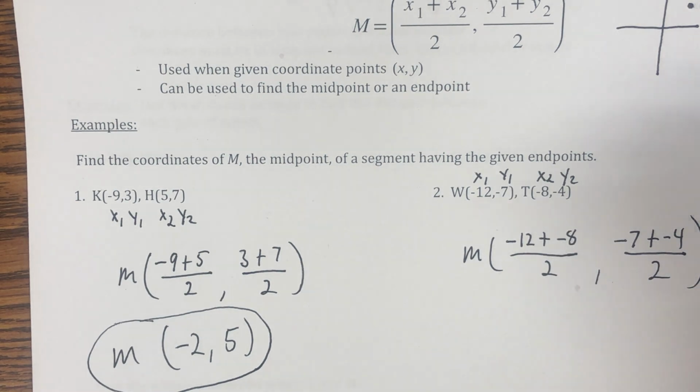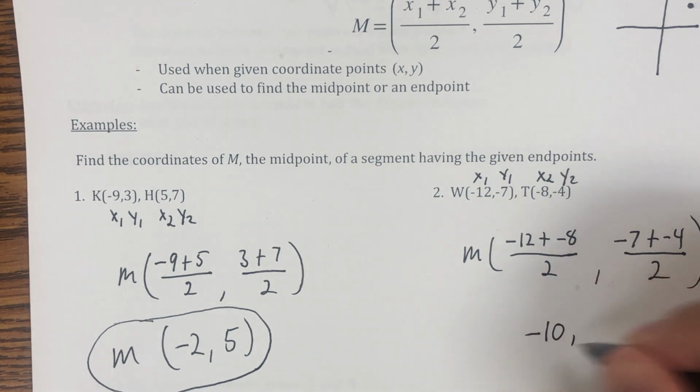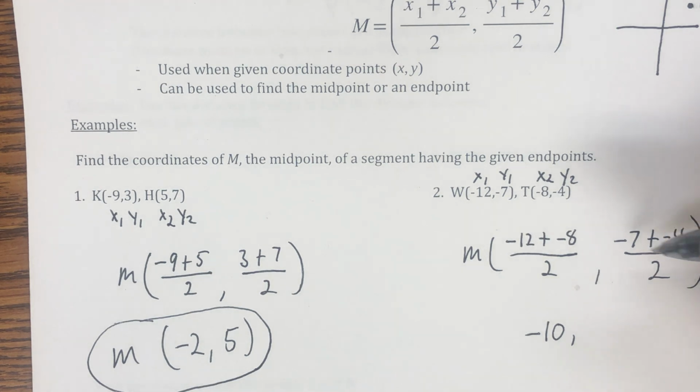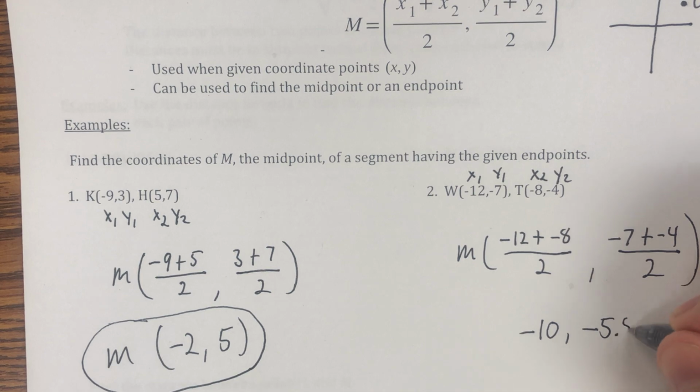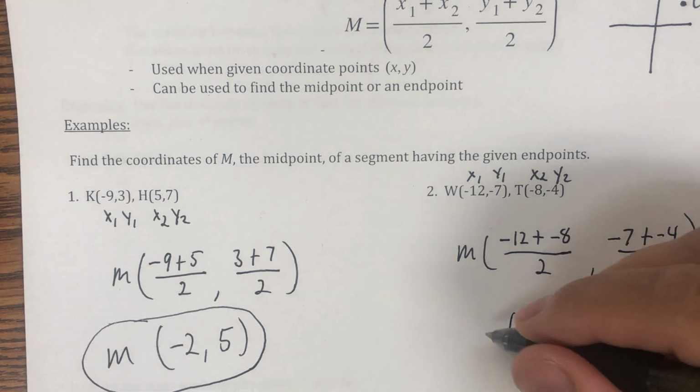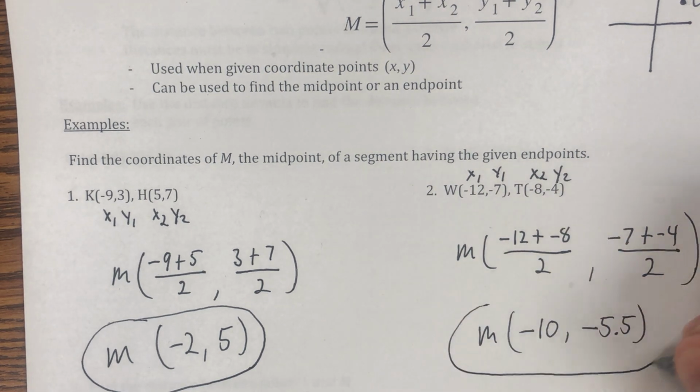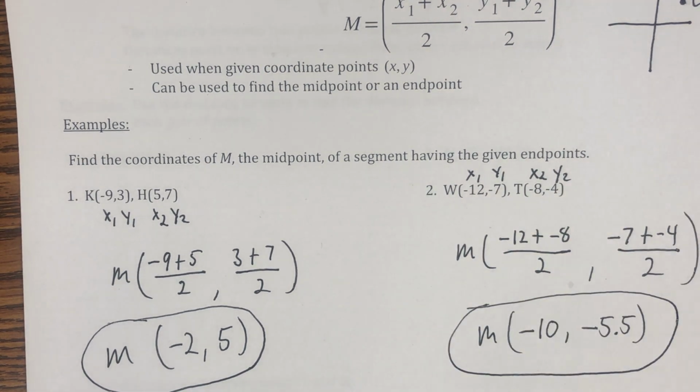Negative 20 over 2 is negative 10. And negative 7 plus negative 4 is negative 11. And negative 11 divided by 2 is negative 5.5. I'm going to put it as a decimal for plotting a point rather than a fraction. Either way would be fine though. And we found our two midpoints.